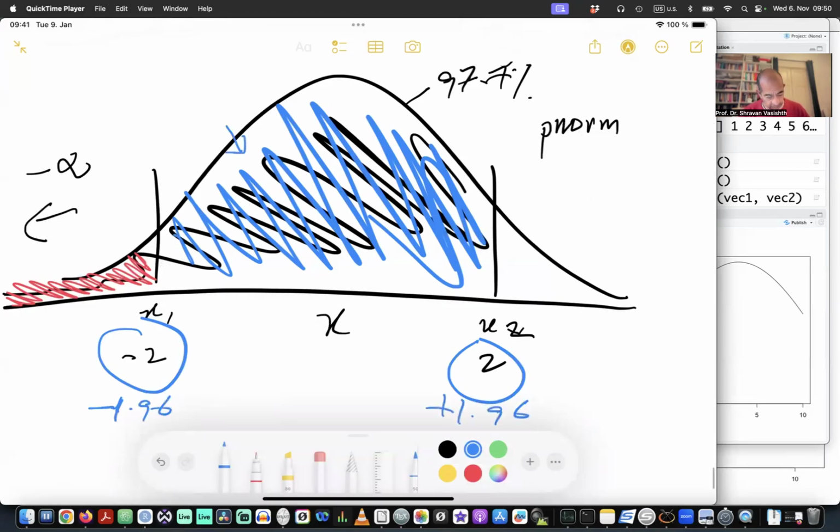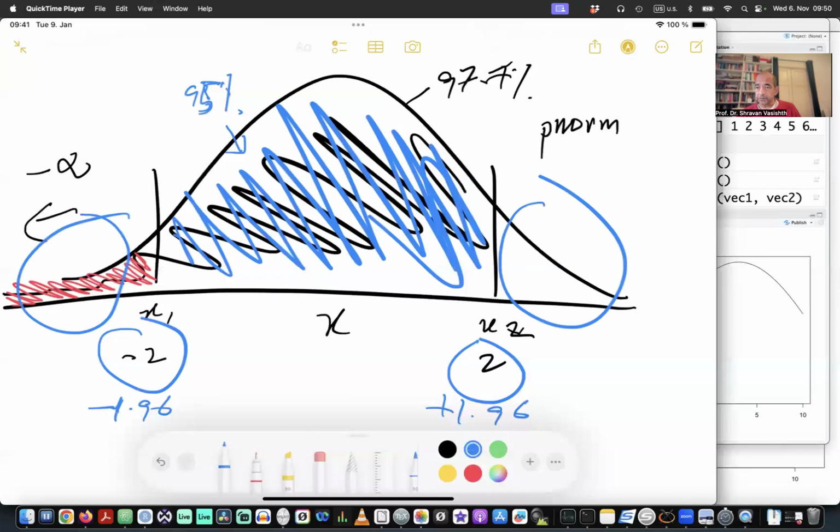is about 95%. Okay? So what that means is that the area in the tails here is going to be 2.5% each, right? Because if the center mass is 95%, the tails, in a symmetrical distribution like this, will have equal probability, and the total probability under the curve has to be 100%, or 1.